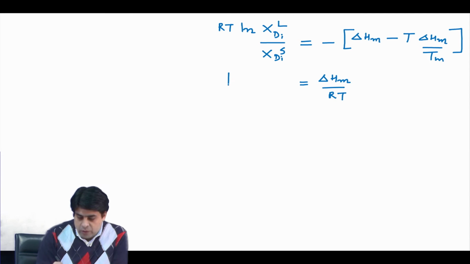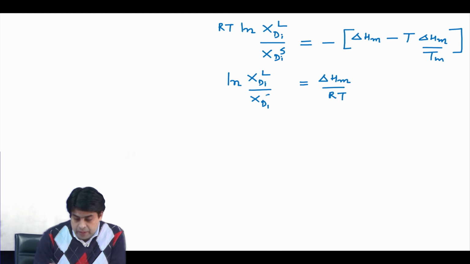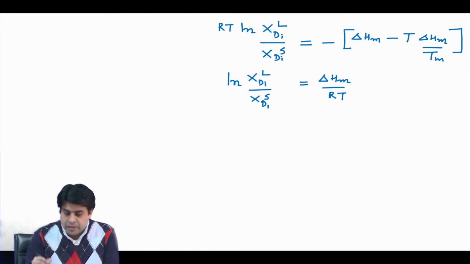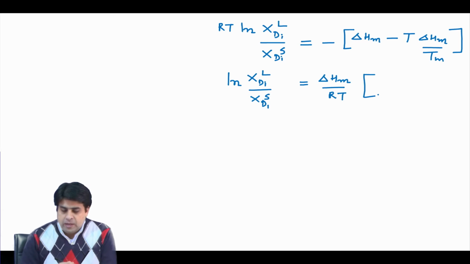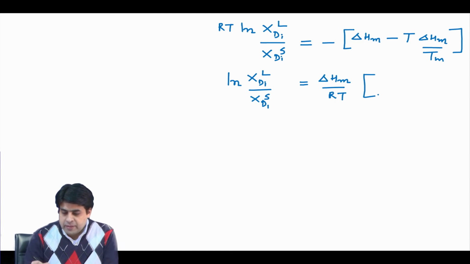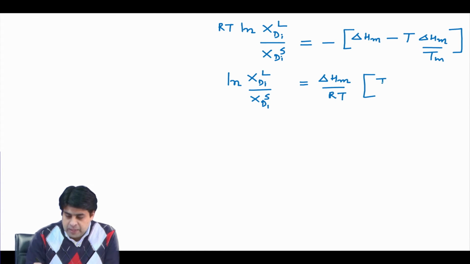So, we can write down ln x diopside liquid divided by x diopside solid is equal to, because we take H m outside this and minus sign will go inside the bracket. So, this will be your T by T m minus 1.